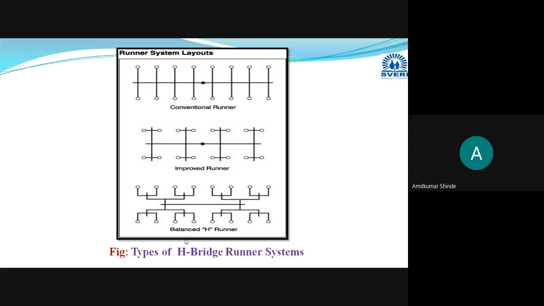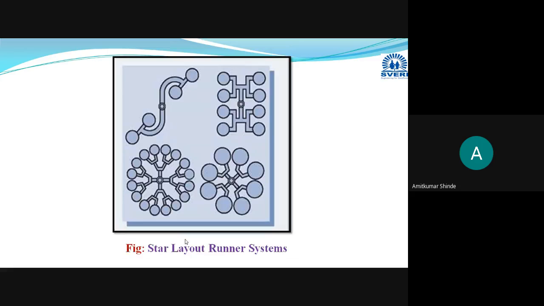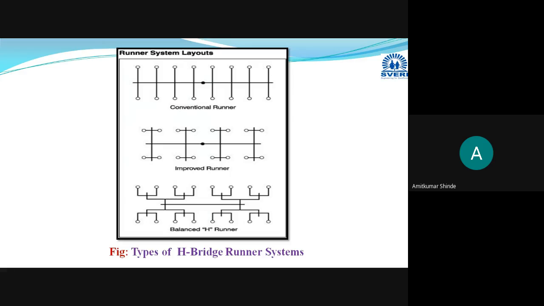Now you can go for different runner system arrangements. Either you can go for H bridge or you can go for star layout. This H bridge, that is the herringbone arrangement, has different designs, and these are commonly used designs: conventional runner system design, improved runner system design, then balanced H runner system.